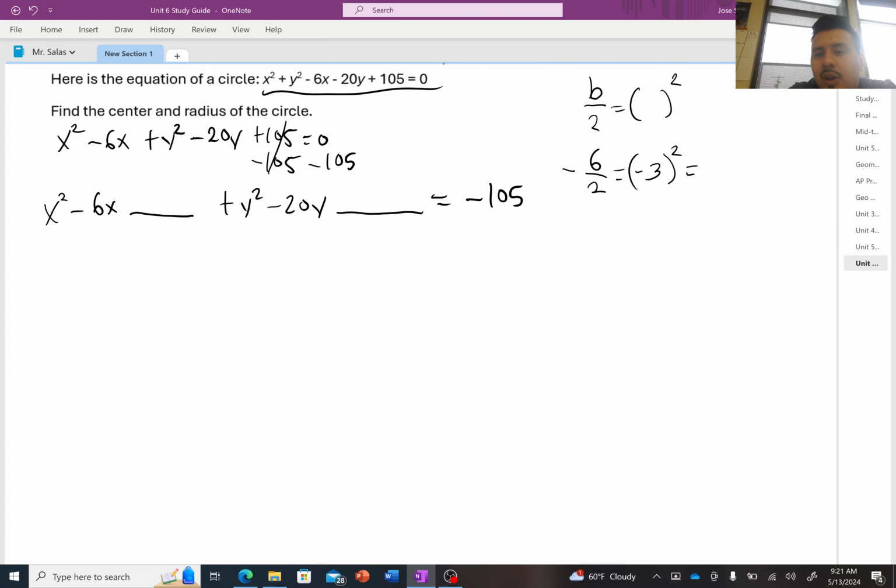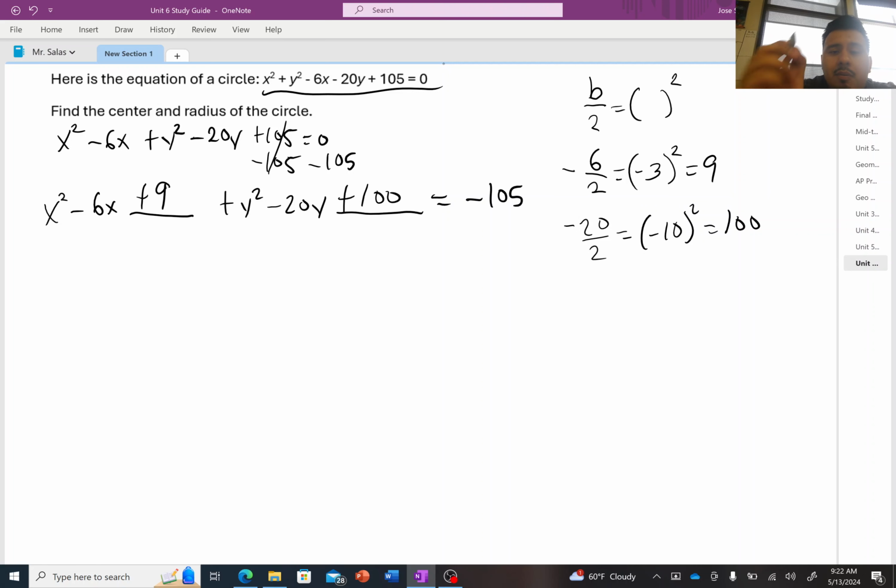I square the 3 and I get 9. So I'm going to get a plus 9 right here. For the other one, negative 20 divided by 2 is equal to negative 10. I square that value and I get positive 100. So I'm going to write plus 100.